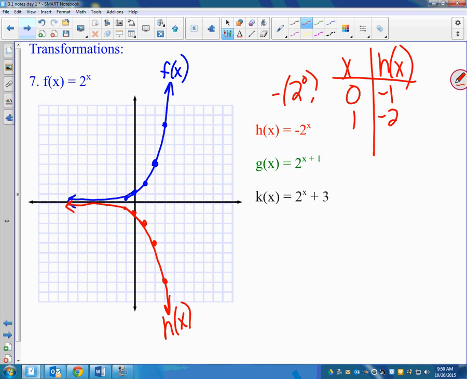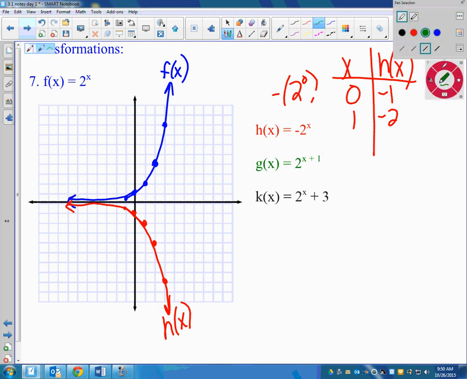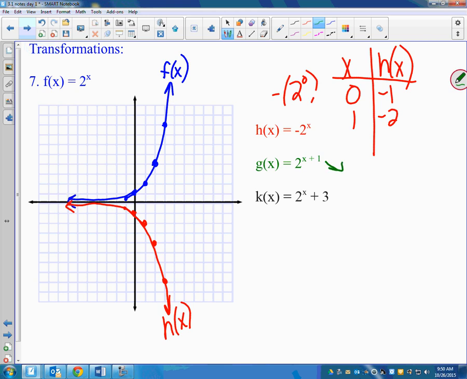And remember what it means when you add or subtract a number inside the function. For an exponential function, inside the function is going to be up here in the exponent. It means a horizontal shift. So this means that this has moved which direction? Plus 1 for horizontal, does that mean right one or left one?